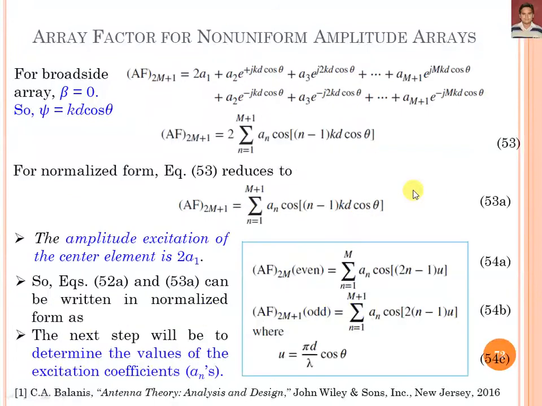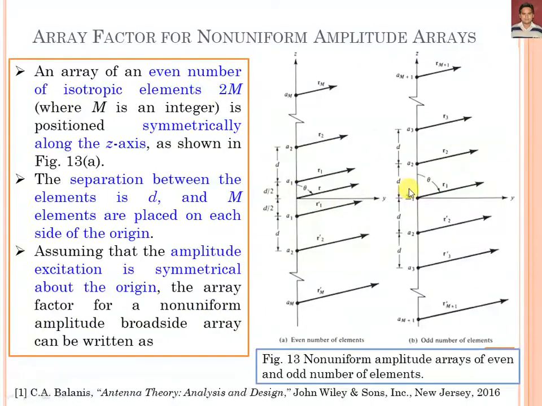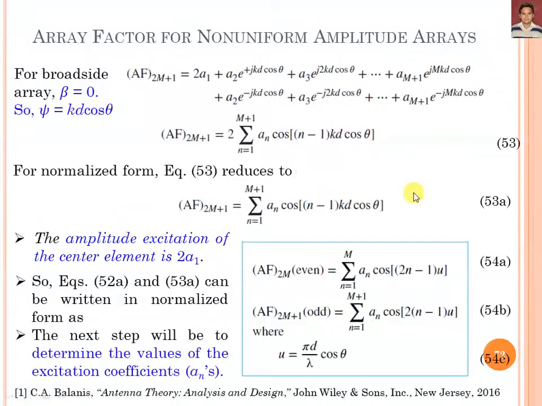Then we can calculate the array factor while considering the criteria for a broadside array, beta equal to 0 and psi equal to kd cos theta, which gives AF of 2m plus 1 equal to twice a1, as you can see, this is the coefficient twice a1, plus a2 and so on.